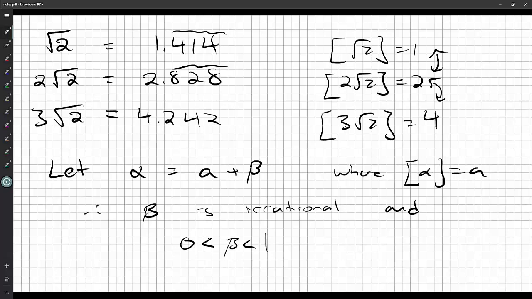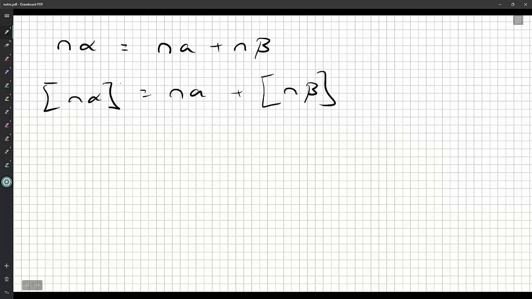I don't have it memorized, and I really don't want to get out my calculator because I shouldn't be using that. But eventually this beta, because it's not 0, you keep multiplying it, eventually it's going to spill over beyond 1, and you'll gain another integer part.